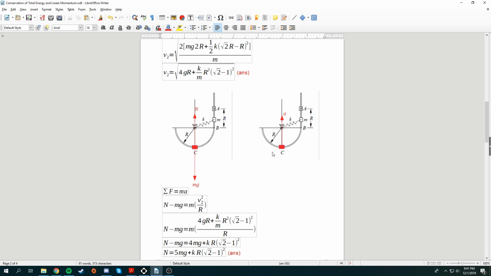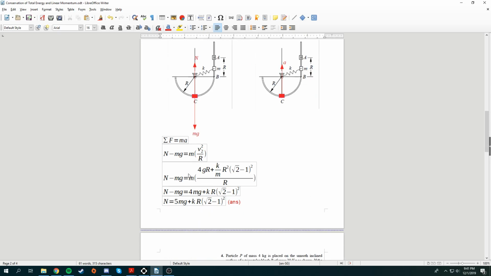During this movement along the circular path, there is normal and tangential acceleration. We do not care about tangential acceleration because we just want to find the forces along the y-axis. The centripetal acceleration is v squared over R. I simplify the whole equation, and then I can very simply get the answer for the normal force. Okay, so that's the answer.